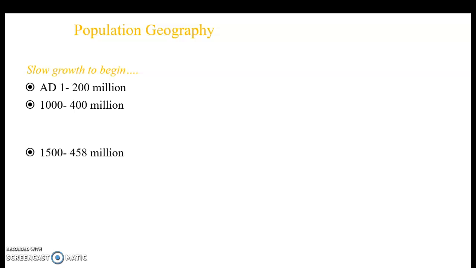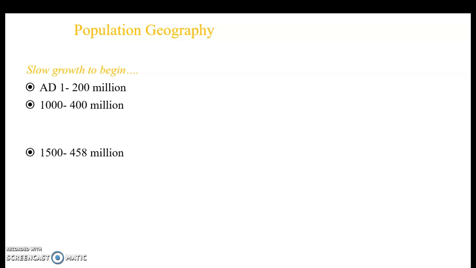By 1500, we didn't get too much farther, right? We had 458 million, so only a small increase between 1000 and 1500. That's because when we try to project population growth, we can't always do so with just mathematic formulas and different models, because things happen that we don't anticipate.